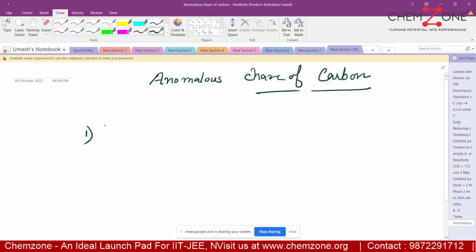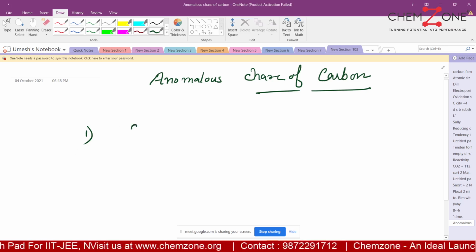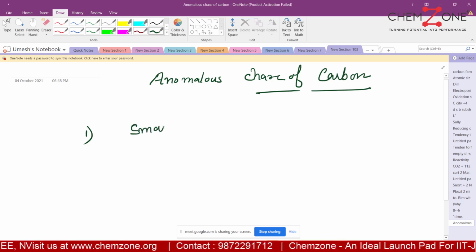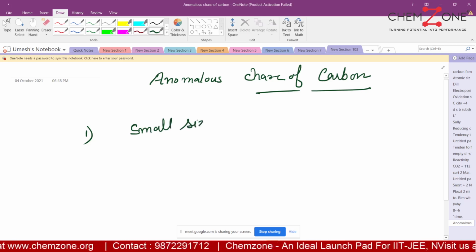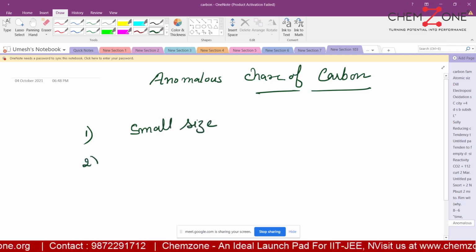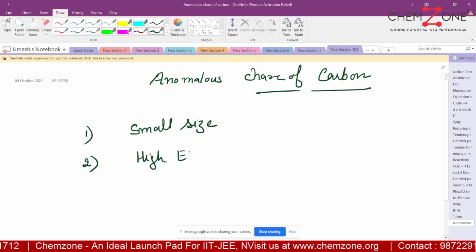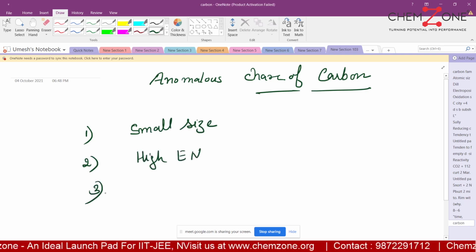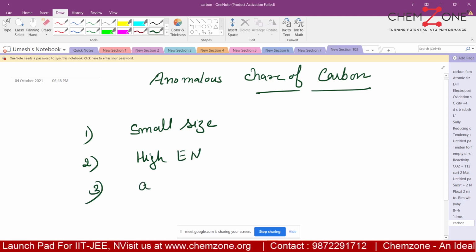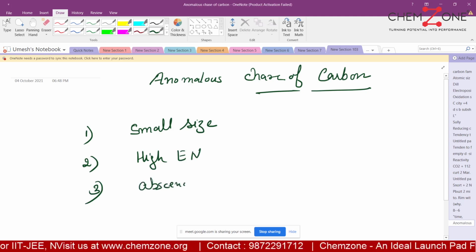The reason is very small size as compared to the others. Number two, high electronegativity. Number three, absence of d orbitals.